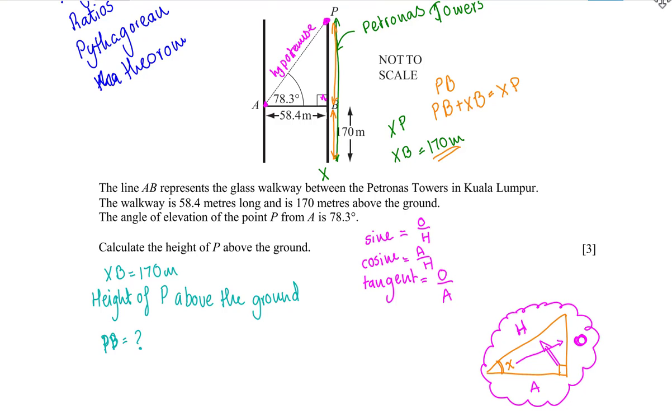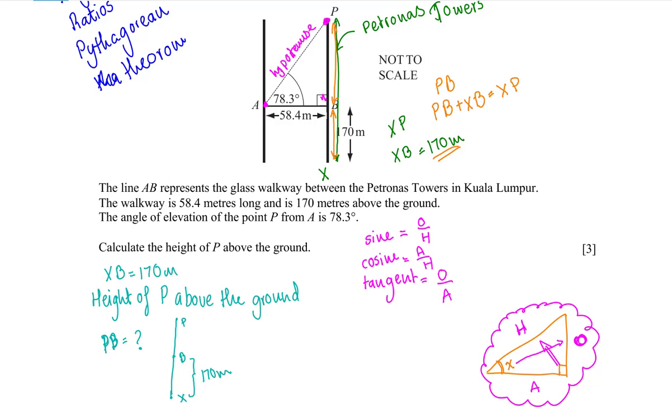Okay, so now using these trigonometric ratios, we'll try solving this question over here. We need to find PB in order to find the total height. Okay, so X, B, P. You know that XB is 170, we don't know PB. We know an angle and we know a side, and we need to find a side.